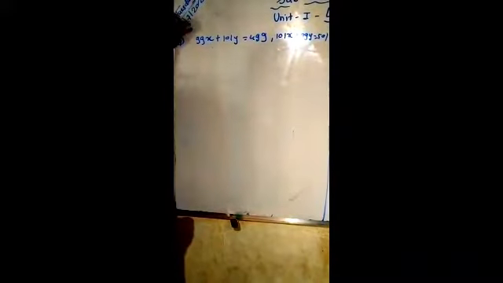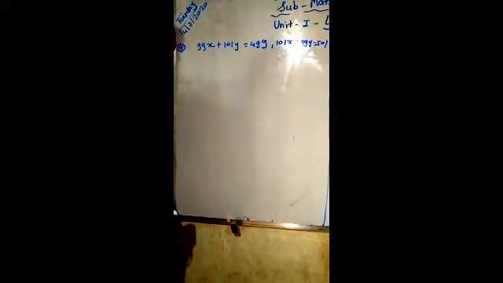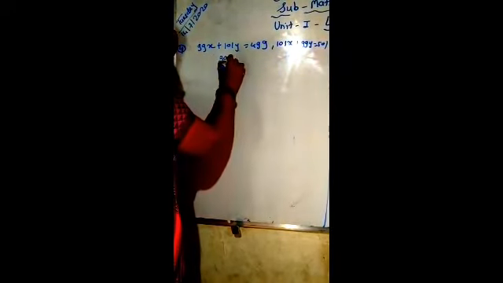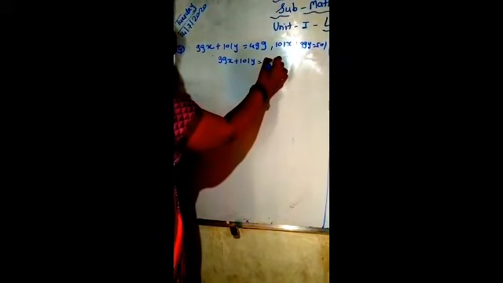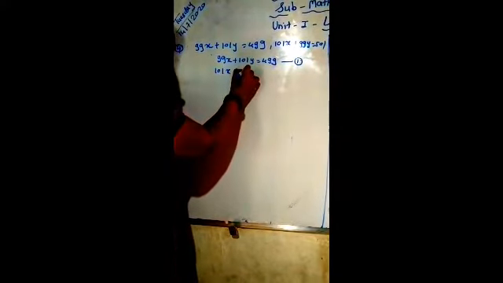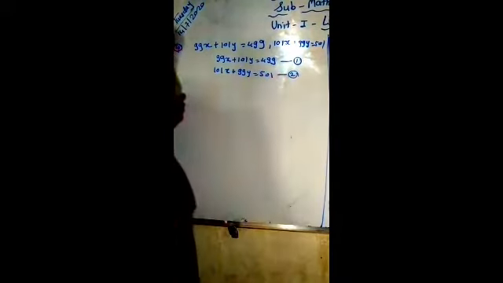Then next example: 99x plus 101y is equal to 499, and then 101x plus 99y is equal to 501. Here the first equation, 99x plus 101y is equal to 499, say equation number 1. And 101x plus 99y is equal to 501, say equation number 2.